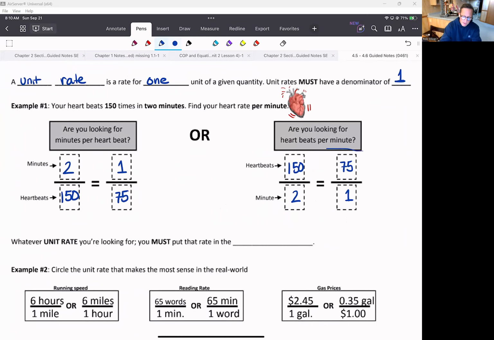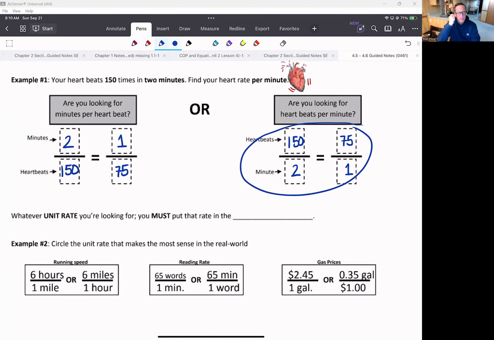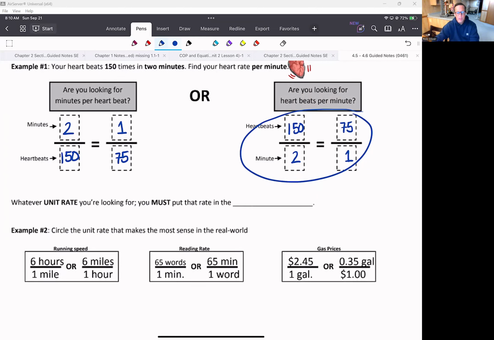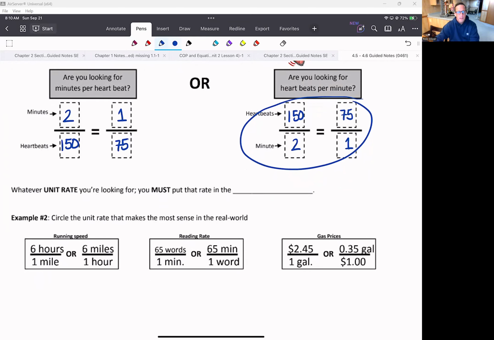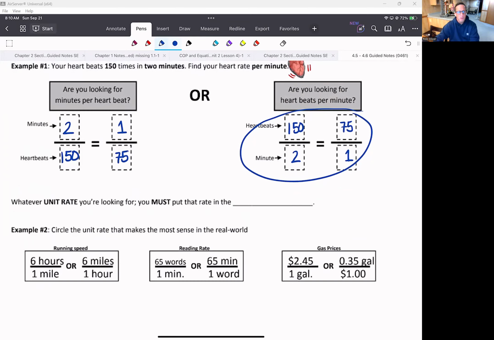The second one is correct as a unit rate because the 1 is in the denominator. If you want to describe how your heart is beating, either one is probably acceptable, but the second one's the most appropriate.